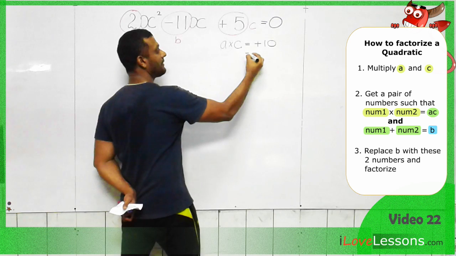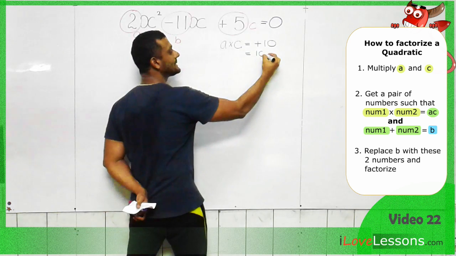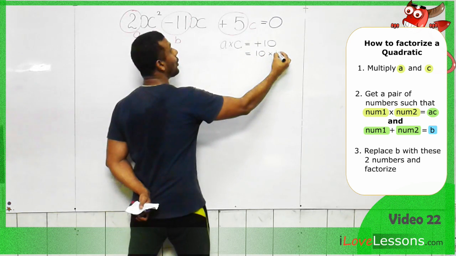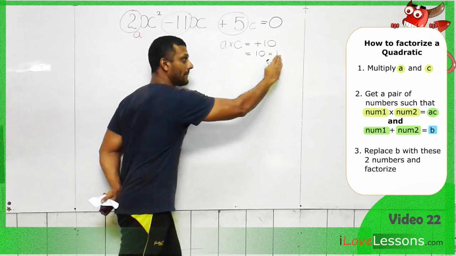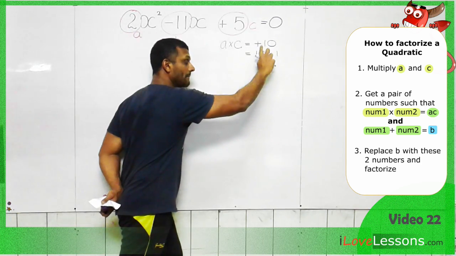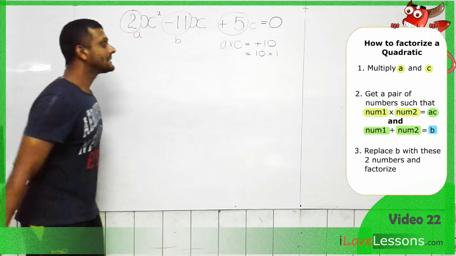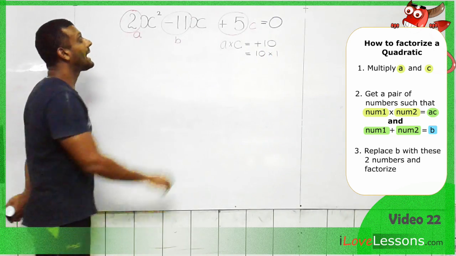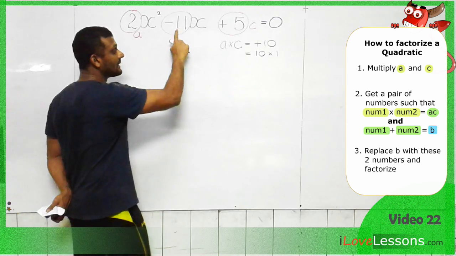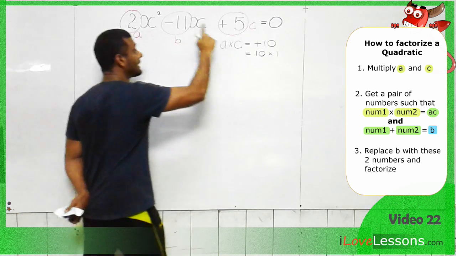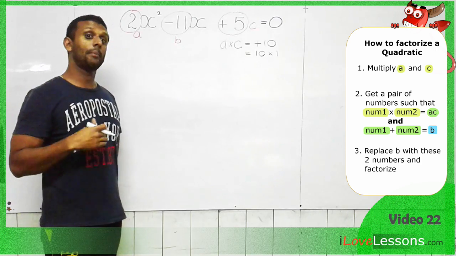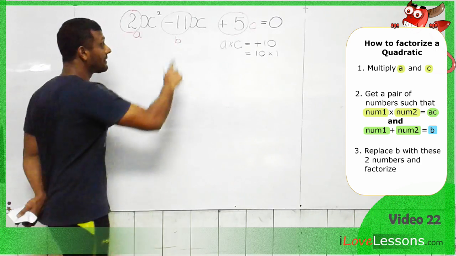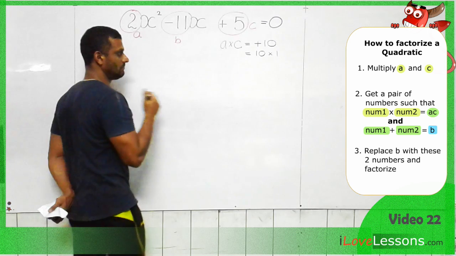One, if I multiply 10 by 1, I will get positive 10. But if I were to add 10 and 1, I will not get minus 11. 10 plus 1 will give us positive 11. I do not want positive 11. I am looking for negative 11.